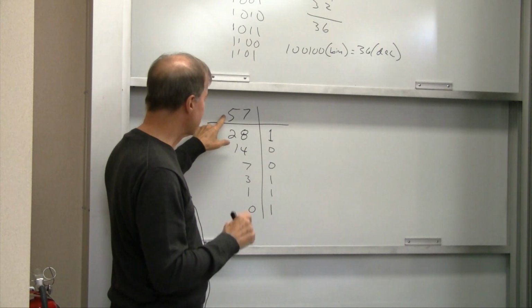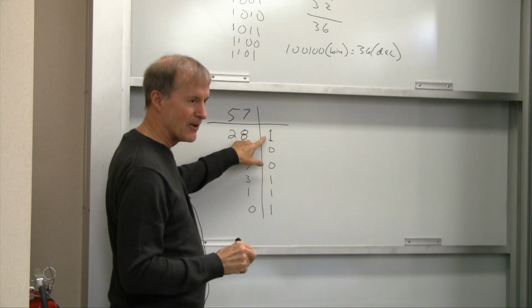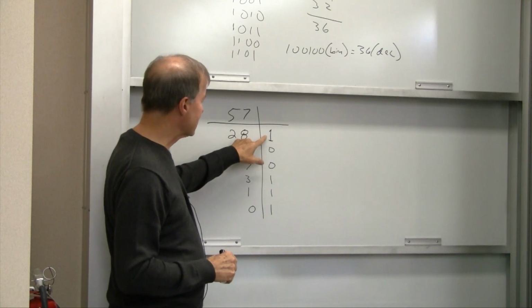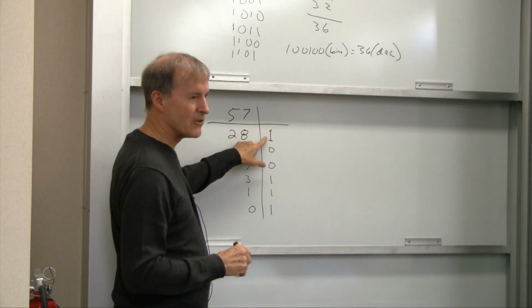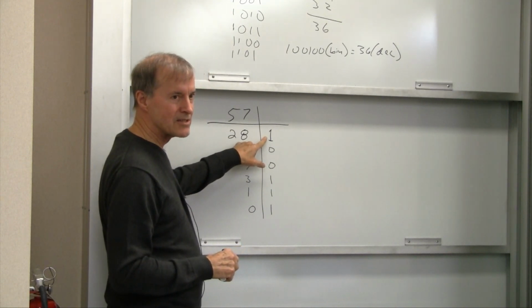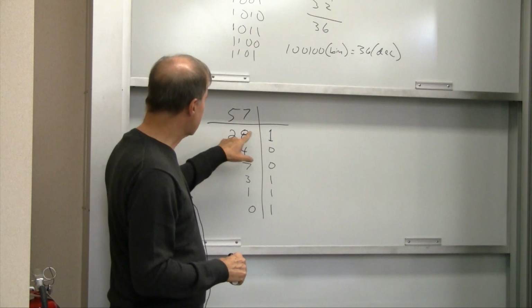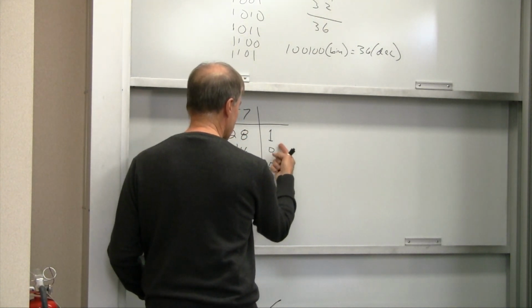So this is the bit that tells us whether it is even or odd. Does everybody see that reasoning? So that means we have to rewrite it this way, 111001.